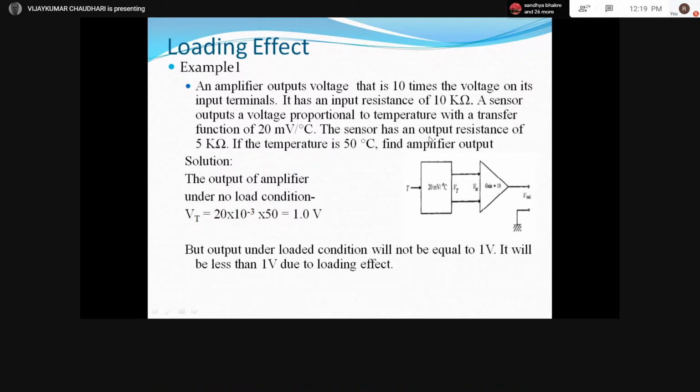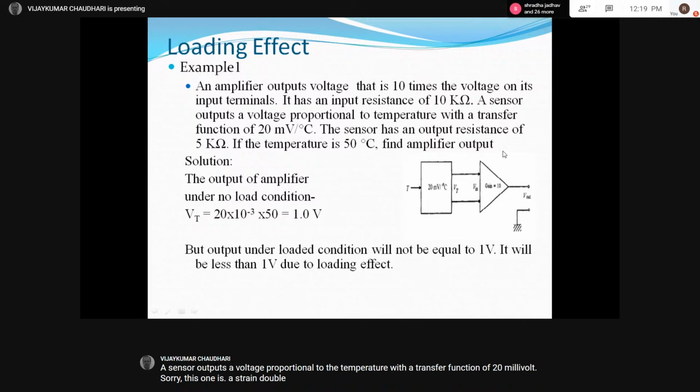The sensor has an output resistance of 5K, right? This is the output resistance of the sensor. If the temperature is 50 degrees Celsius, find the amplifier output. So T given is 50, and we want to find the output voltage here.